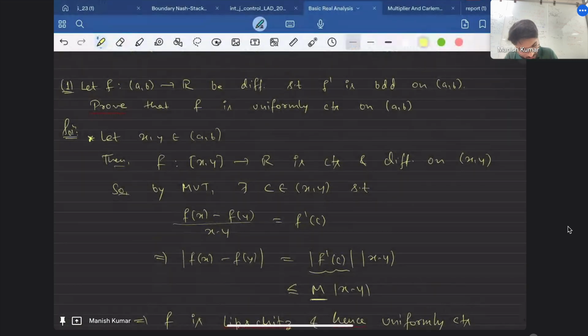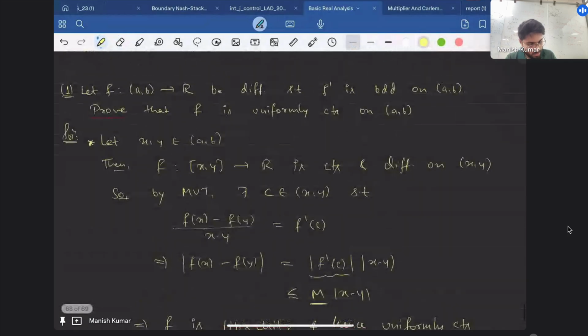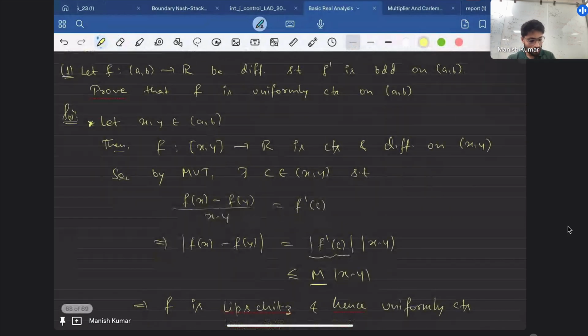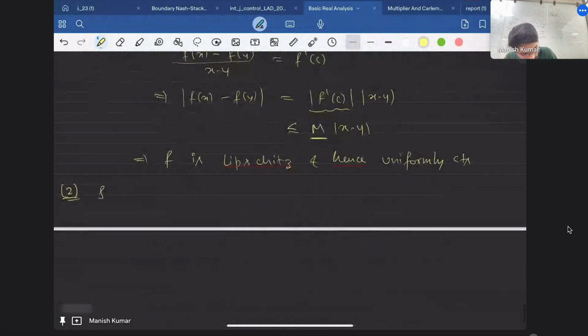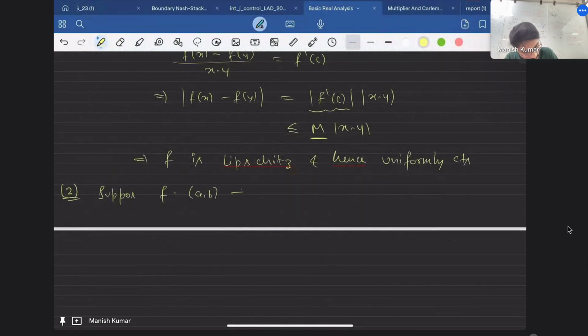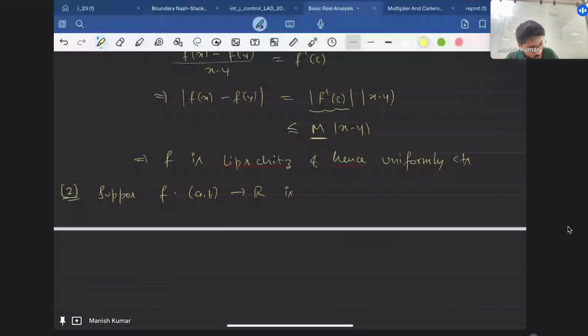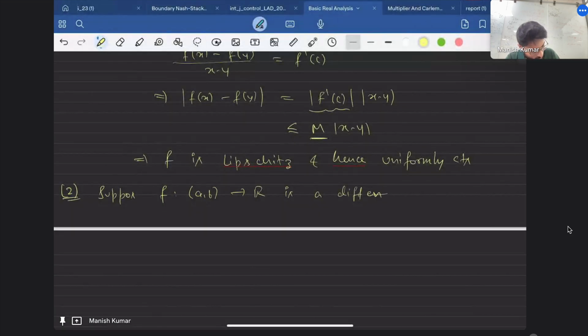Yeah. Okay, so now the next thing is, what about the converse? Suppose f from [a, b] to R is a differentiable function which is uniformly continuous.